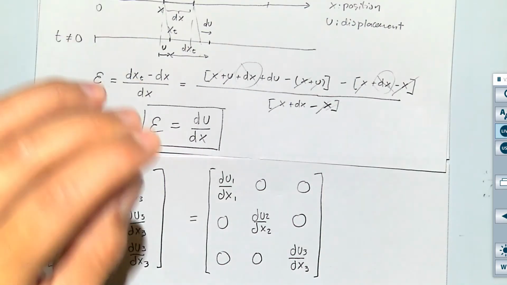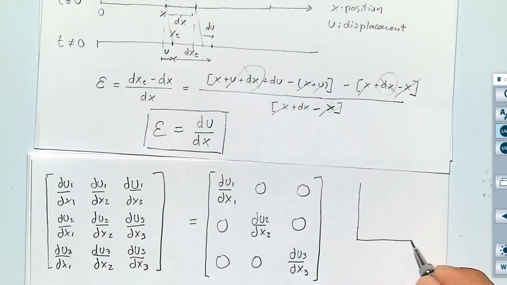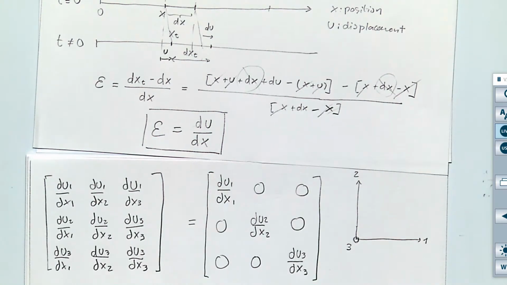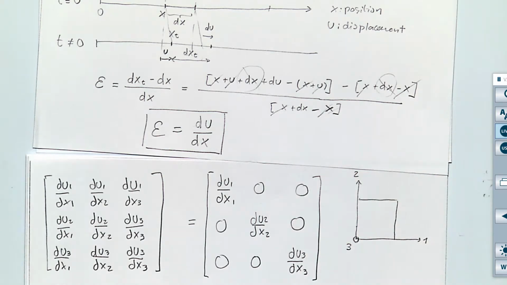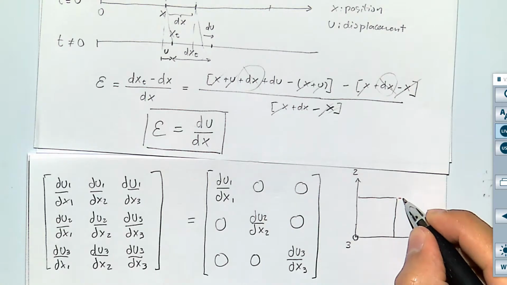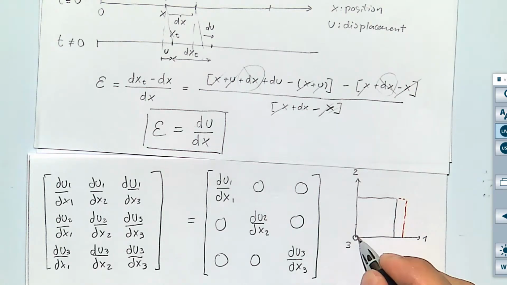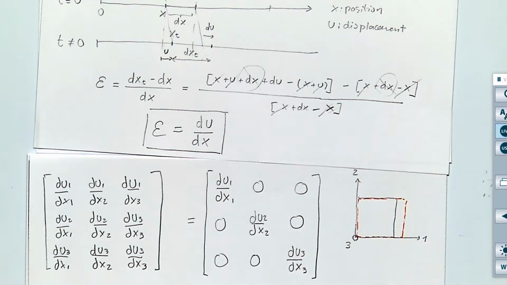And if I want to put it in graphical terms, it's going to be this. Imagine that we have the cube with which we work all the time, with the third axis pointing here towards you. And if I have a change of length in direction 1, and only in direction 1, the new shape of the cube is going to be that.